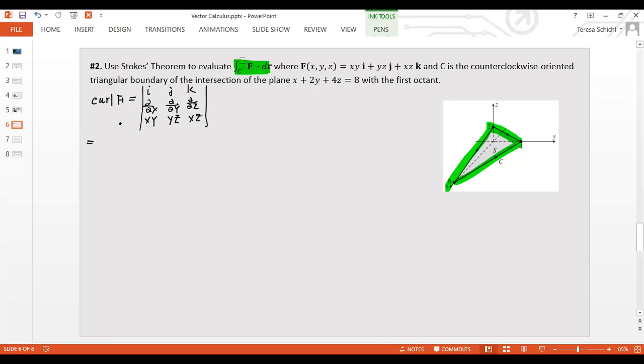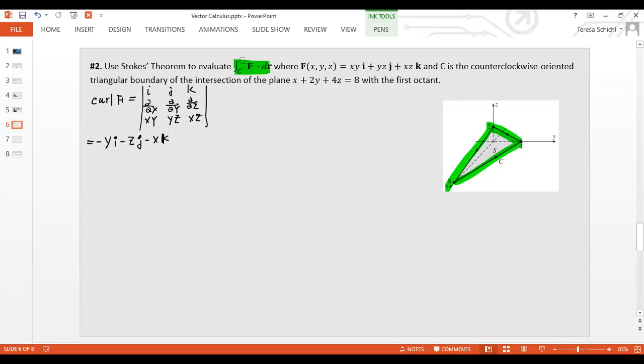If you substitute, we get negative y i minus z j minus x k. This will be my curl of F.